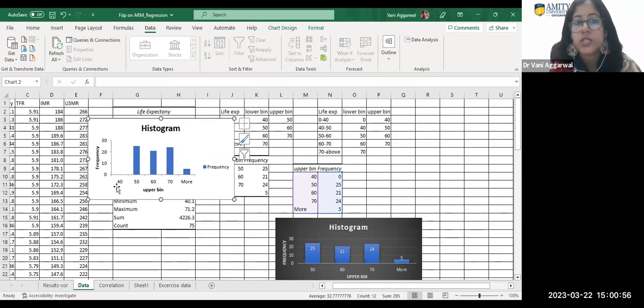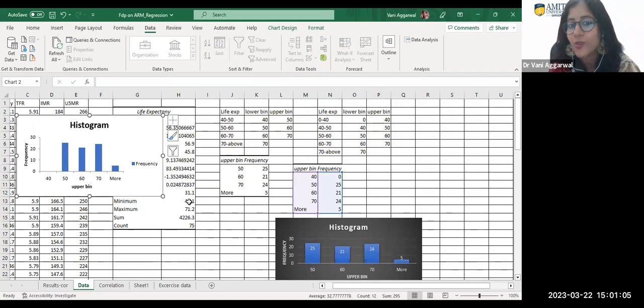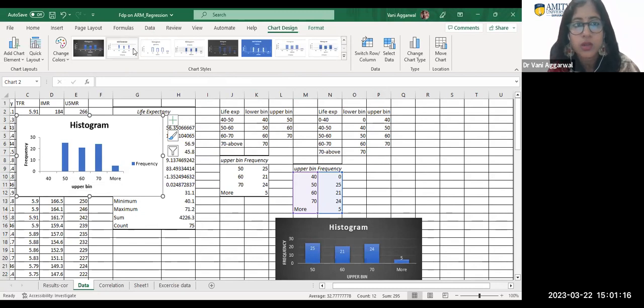For 0 to 40, if you see, no bar is there. What it is representing, as I said, the minimum is 40, no? So that's why for 0 to 40 there is no bar. 40 to 50, this bar is there. You can use data labels.